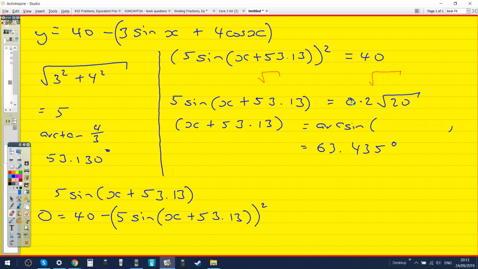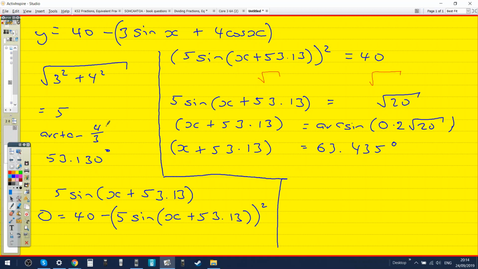That equals 40 minus 20, which is equal to the root of 20. And that becomes root 20 over 5. Then sine root 20 over 5, which is 63.43.